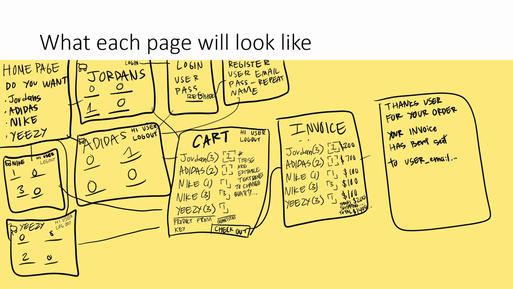So from here, I wrote down the numbers, not really that great, but my idea is to have all of their products listed out with their quantities, and then maybe the price and stuff, obviously.